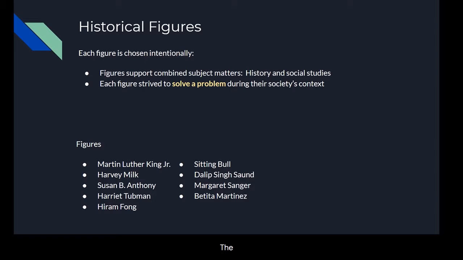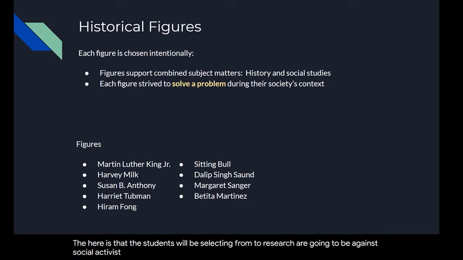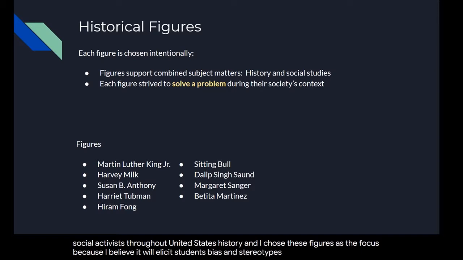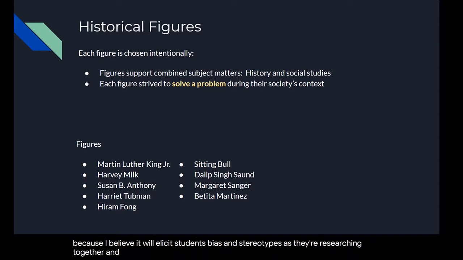The historical figures that the students will be selecting from to research are going to be, again, social activists throughout United States history. And I chose these figures as the focus because I believe it will elicit students' bias and stereotypes as they're researching together in small groups.